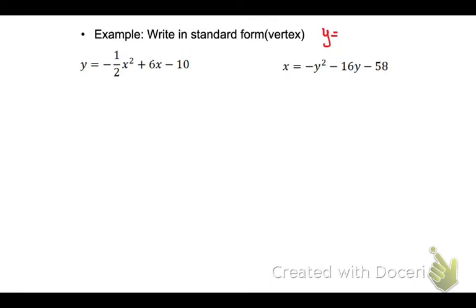Y equals a, parentheses x minus h, parentheses, and we're squaring. You got to put the function on there. And then plus k. Don't forget the function, guys. Okay, so we have to write it in this form.